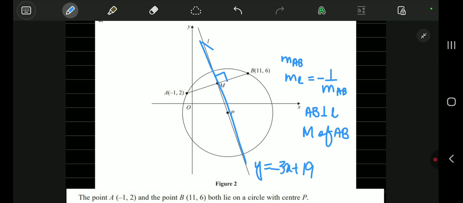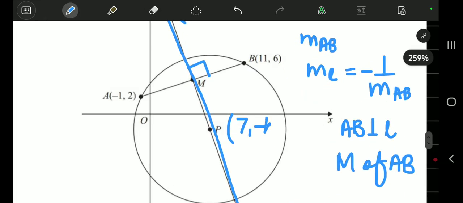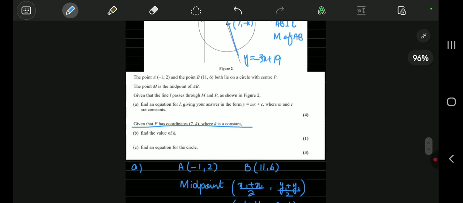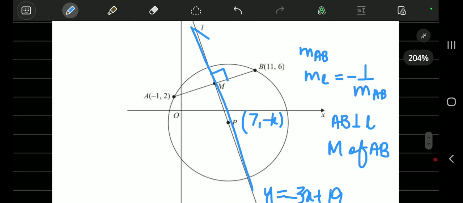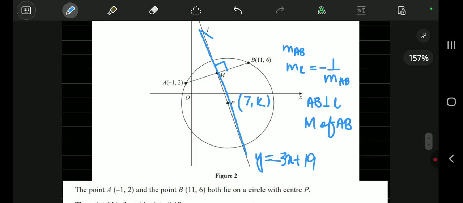As this point lies on this line, we can substitute the coordinates of this point. The coordinates are (7, k), so we can substitute it in the equation to get the value of k.